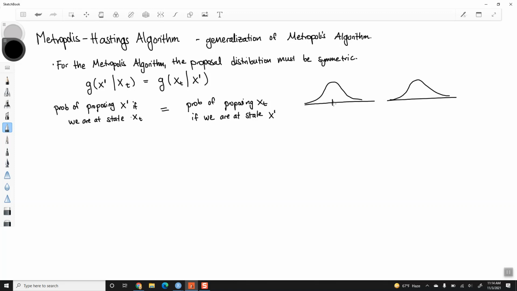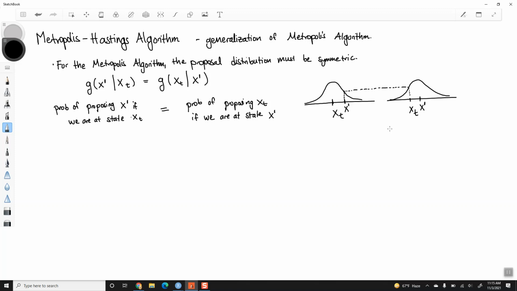Here I'm centered at xt, and I'm going to propose x prime. Whereas if I were centered at x prime, the probability of proposing xt is the same height, right?